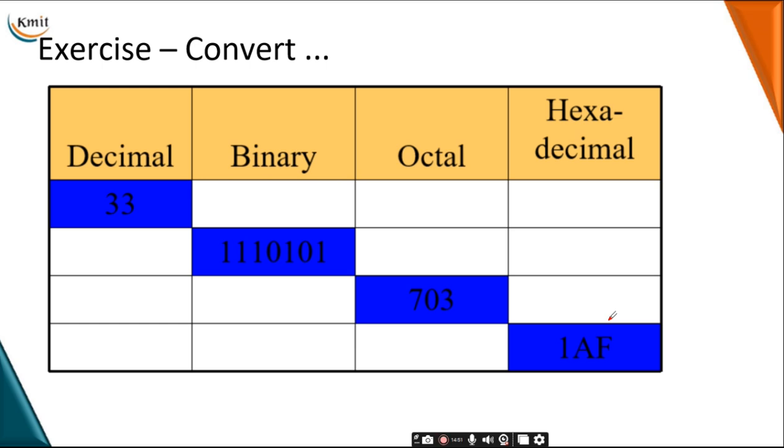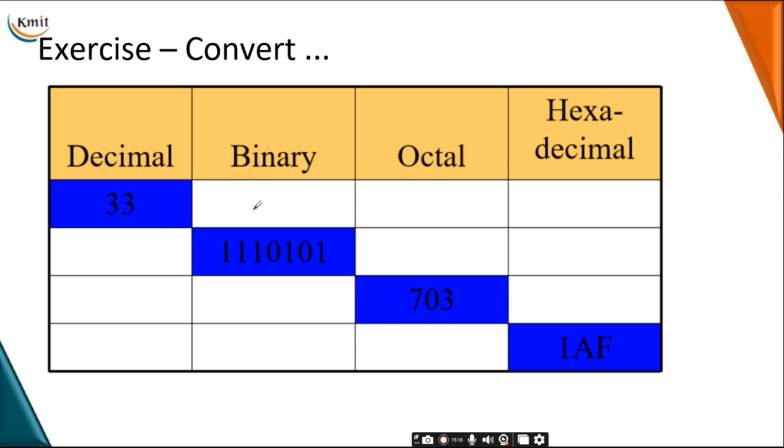So this was about your binary arithmetic rules, and with a simple example I have explained how to perform addition, subtraction as well as multiplication. The next two slides are an exercise on number base conversion from one number system to another. Try to practice it. Here I have given 33, which is a decimal number.